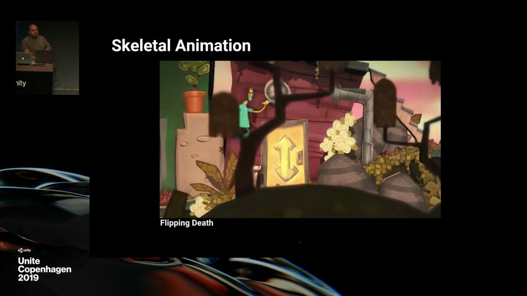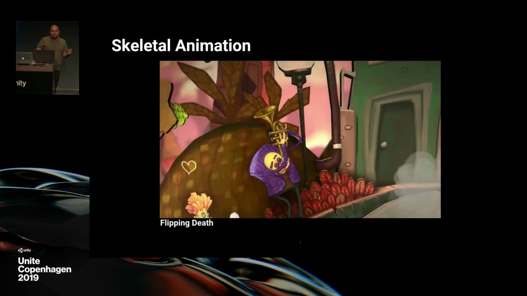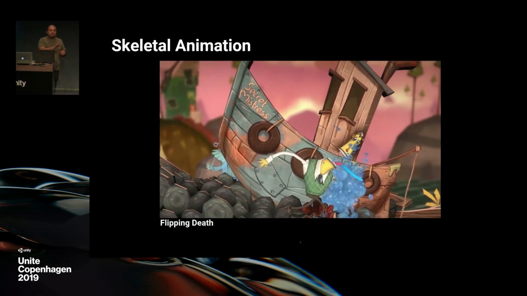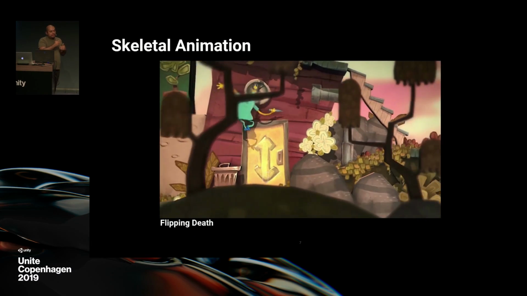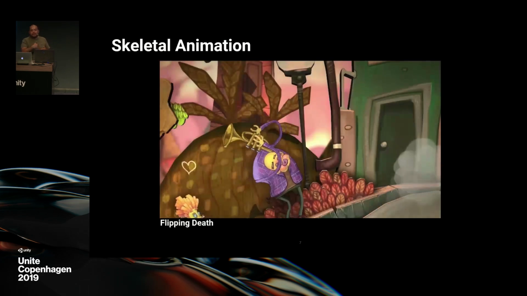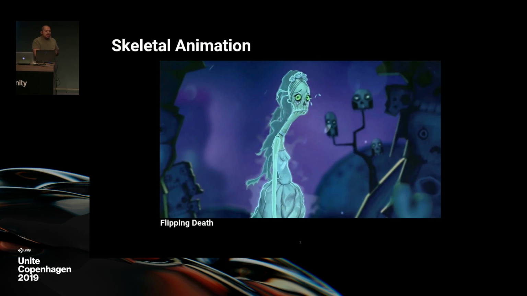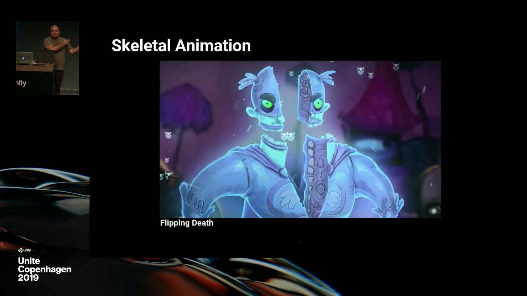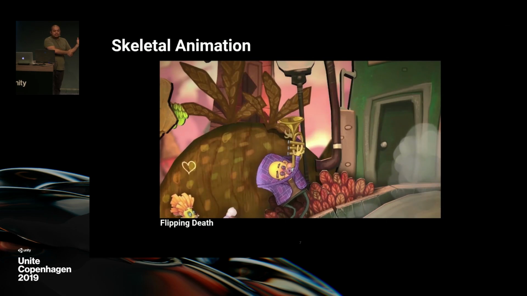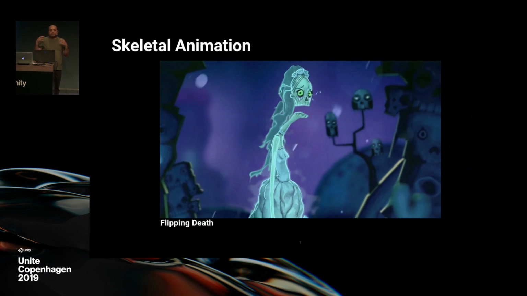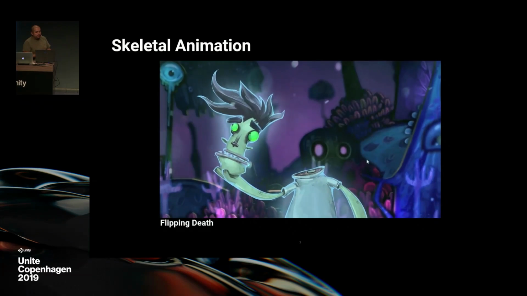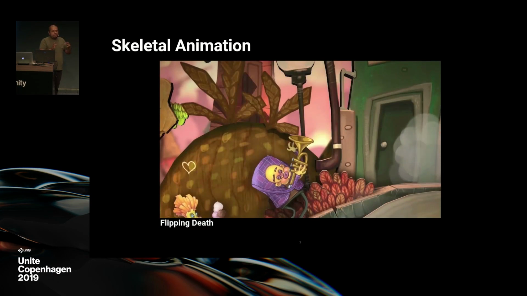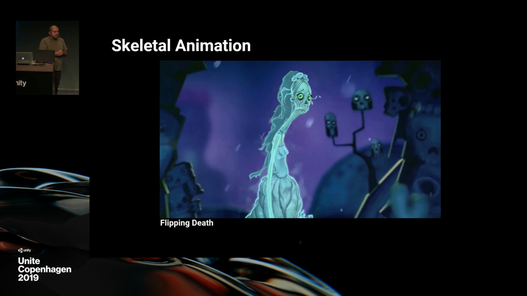Okay, on the other side, we have this other approach, which is skeletal-based animation. Now, instead of having multiple frames and one sprite per frame, what we have is a drawing divided in multiple pieces, each piece representing one part of the body or one part of a piece in a... I'm not going to say character because you can use this for other things that are not characters.